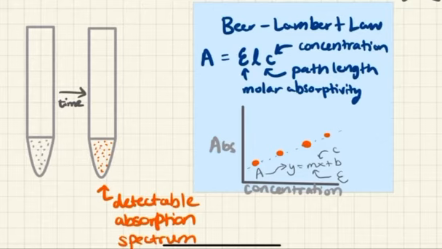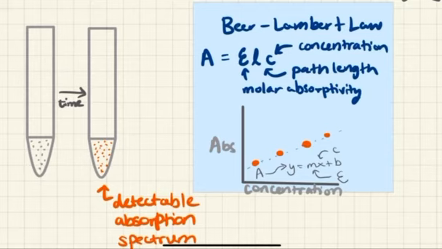If we put our iron and our thiocyanate into a test tube, initially we might see a clear solution, but after a certain amount of time, we will get a reddish orange colored solution. And that is what is represented by the second test tube here.